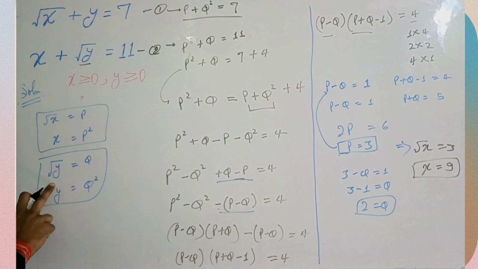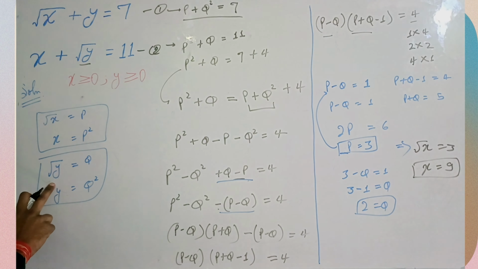Now when we put the values of x and y in the expression, we get root of x is 3, plus 4 is equal to 7. This is also satisfied. The value of x is 9, so 9 plus root y, the value of root y is 2, so 9 plus 2 is 11. That's why our answer is correct.